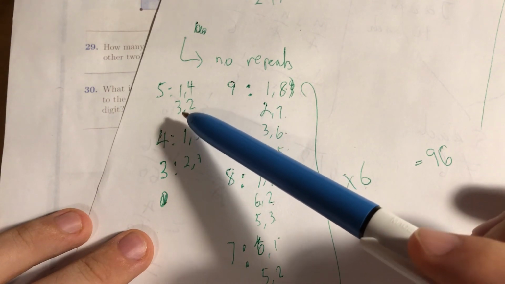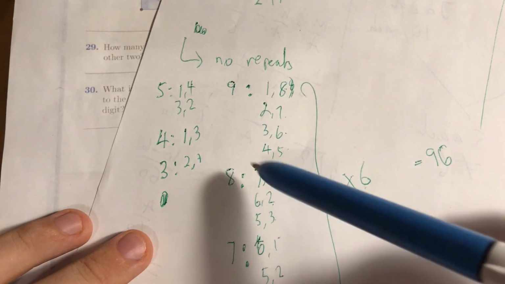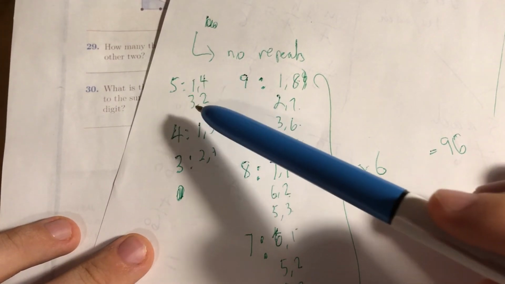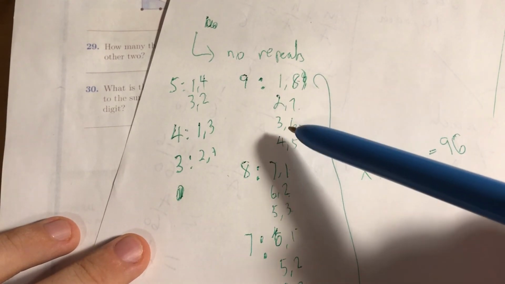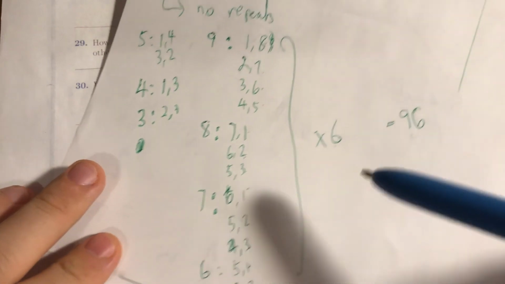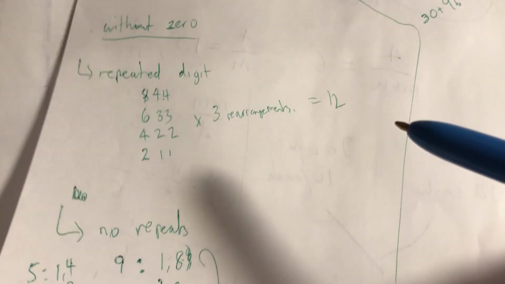There's 3 ways to choose the first number, 2 ways to choose the second number, and the third number is forced. So there's 6 ways, and we just have to count all these up. It's 1, 2, 3, up to 16, times 6, which is 96. And if we add them together, we should get the answer.